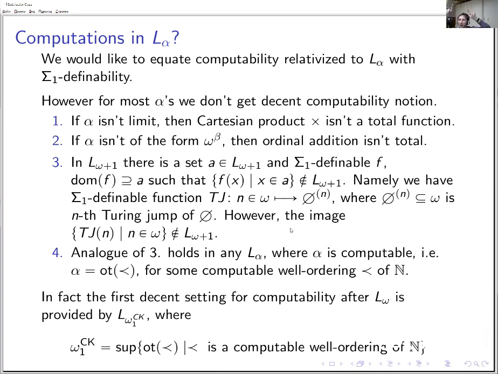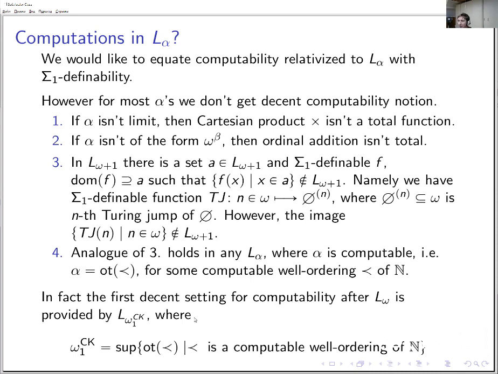Of course, these L alphas for this computable alpha have these hyperarithmetic degrees, and then you just need to choose the right amount of transfinitely iterated Turing jumps to have this property that you have all the Turing jumps up to a certain level, and at some point it breaks apart. But you don't have the collection of all the Turing jumps.